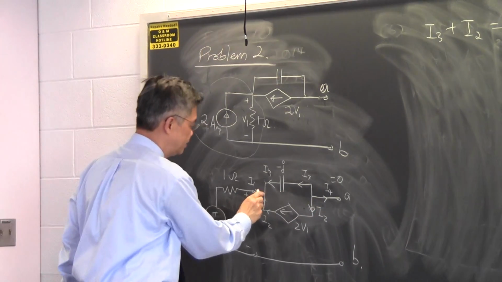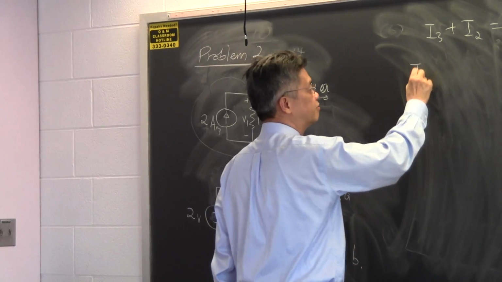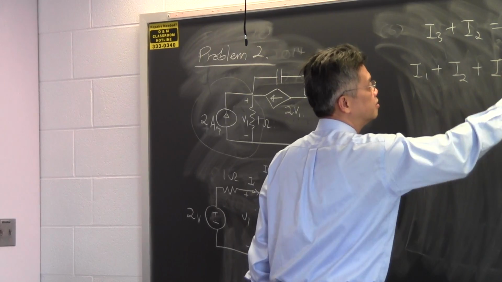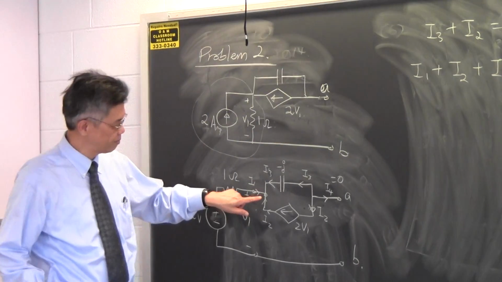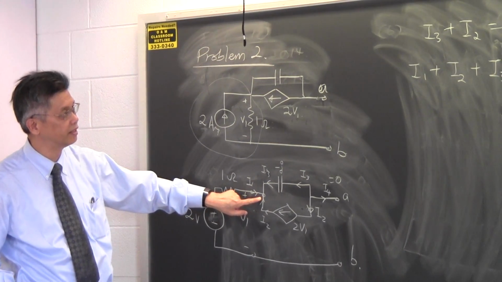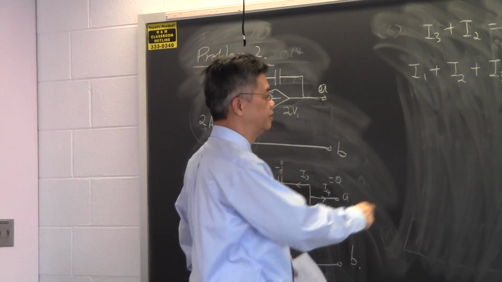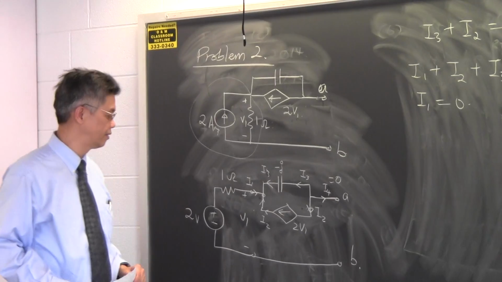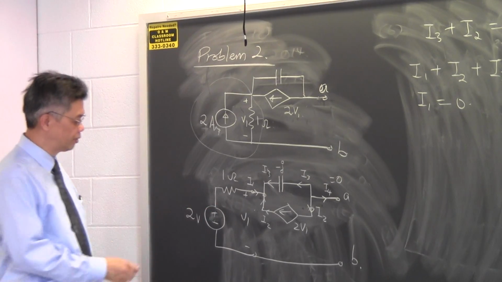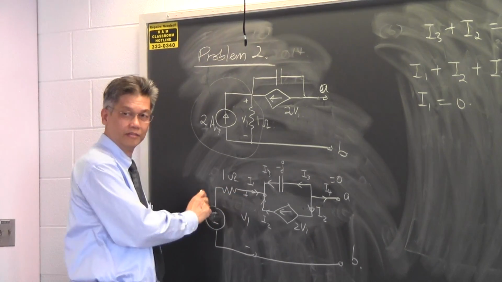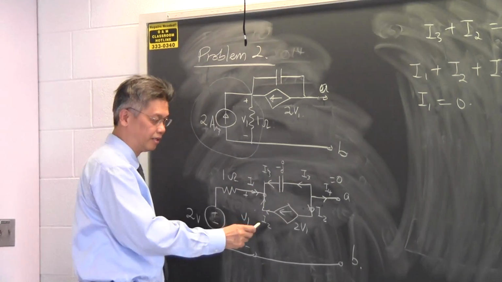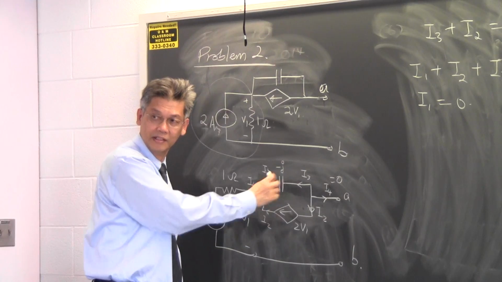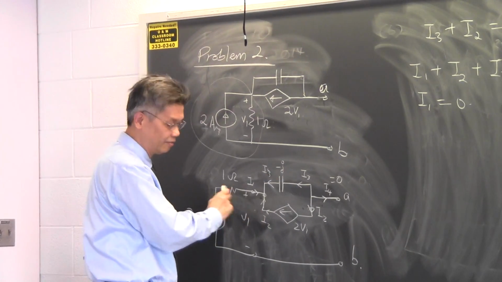And then from the second node over here, I1 plus I2 plus I3 must be equal to 0 by applying KCL on this node. If I look at these two equations, it means that I1 must be equal to 0 since I2 plus I3 is already 0. So no current actually flows from this thing into this loop at all. If this thing supplies a current, it's just going round and round like this. Nothing flows in from here.